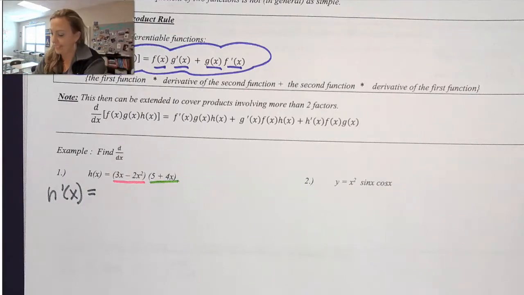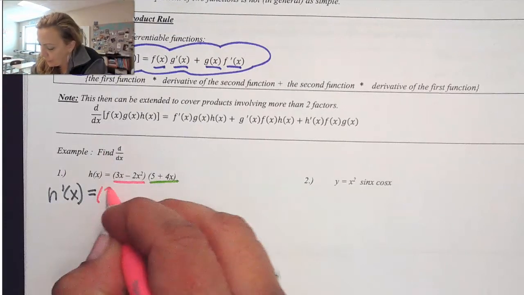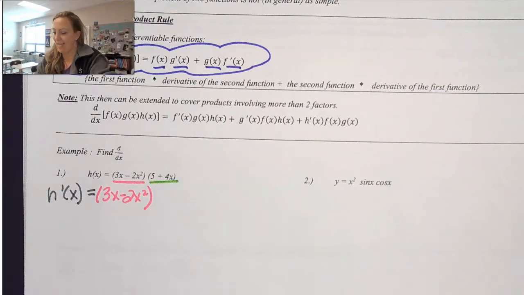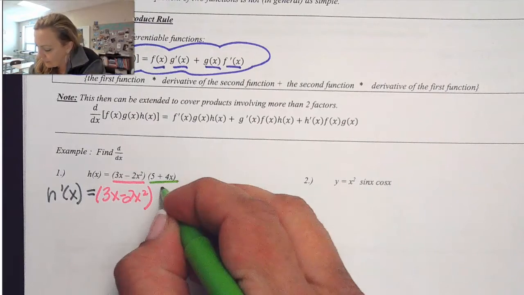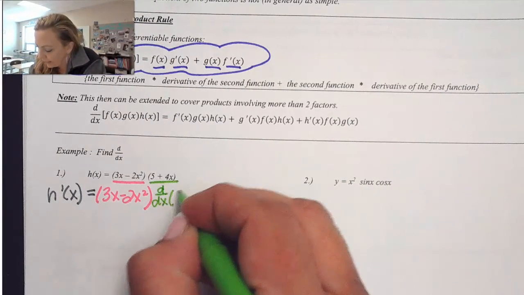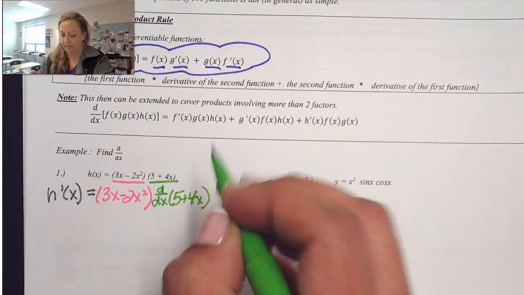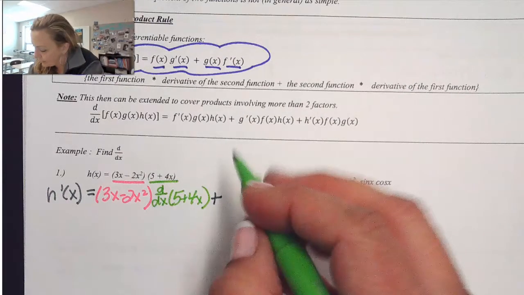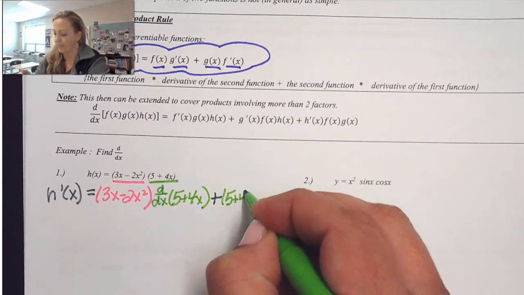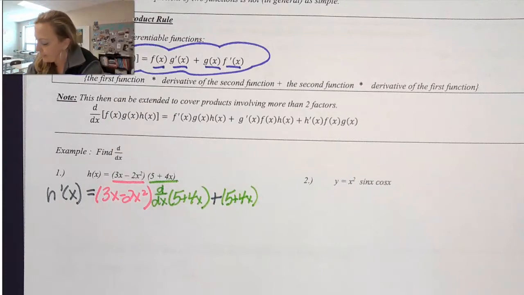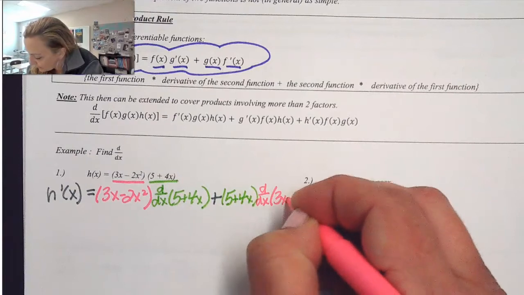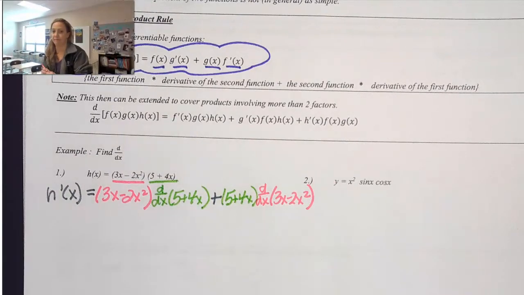So again, we want to take the first function, 3x minus 2x squared, and now we want the derivative of the second. And now we're going to add the second function, 5 plus 4x, times the derivative of the first, 3x minus 2x squared.